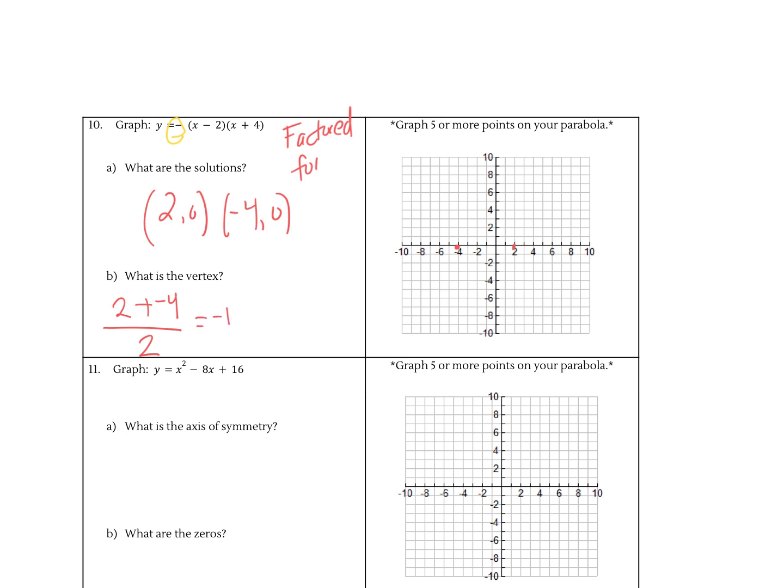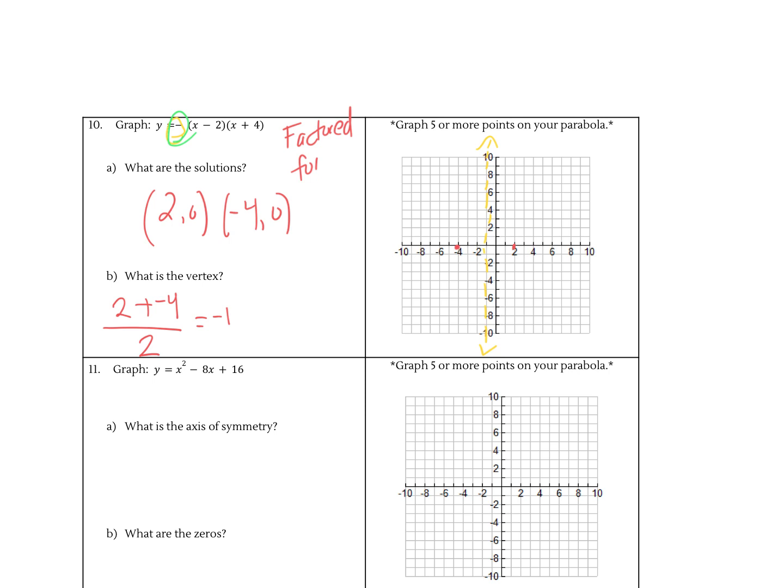So here is where I'm going to have my axis of symmetry at x equals -1. Now I also know that this was negative, and so I know that it looks something like this. So I know that the y-coordinate of my vertex has to be positive.